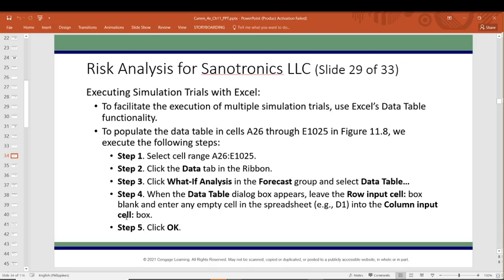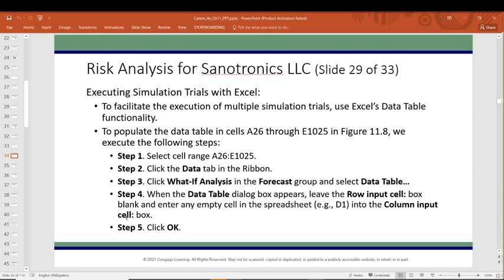To set up the spreadsheet for the execution of 1,000 simulation trials, we structure a table as shown in cells A25 through E1025. Rows 47 through 1024 are hidden.